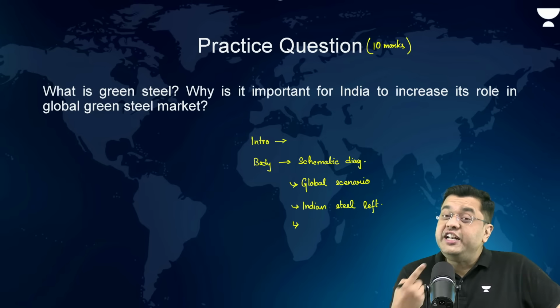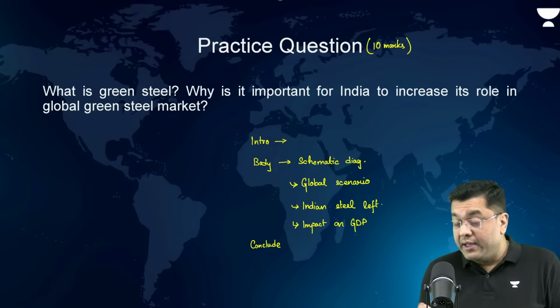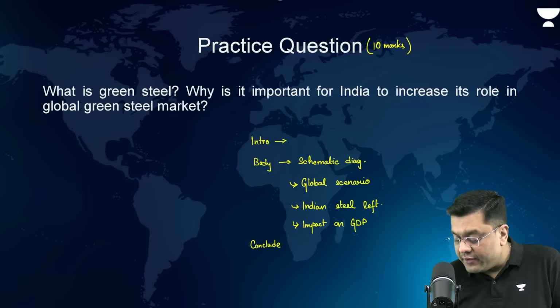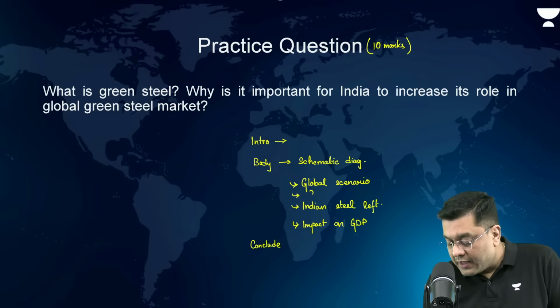Okay, all these things you mention, and then eventually you conclude that it is also imperative for India. Here, you also have to mention the case of the climate commitment. That also has to be mentioned. Okay.